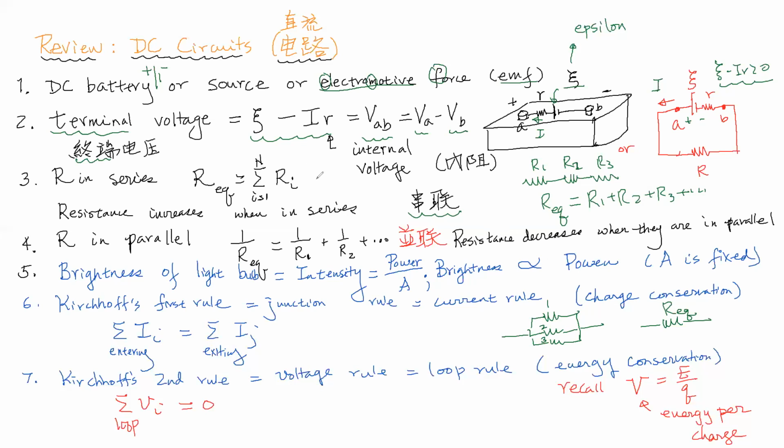When you are in series, basically you're making the resistor longer and longer, right? Remember, resistance is equal to rho L divided by A. So if you make it longer, you will increase the resistance. And when you're in parallel, you're basically increasing the area, right? So you have 1 path to go, 2 paths, and 3 paths.